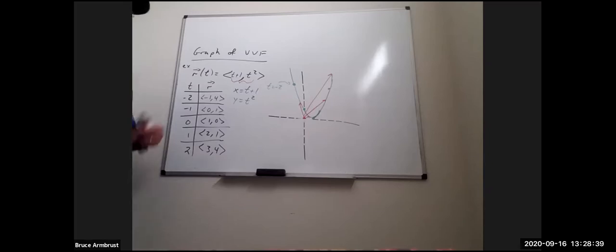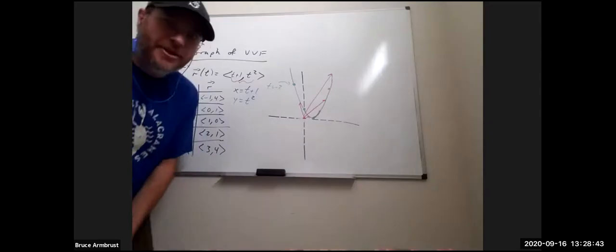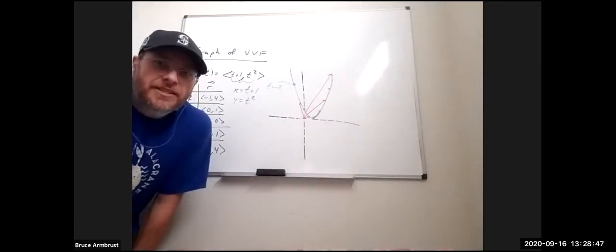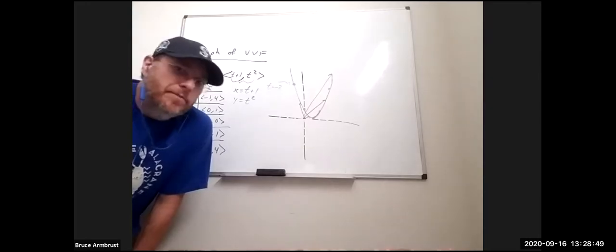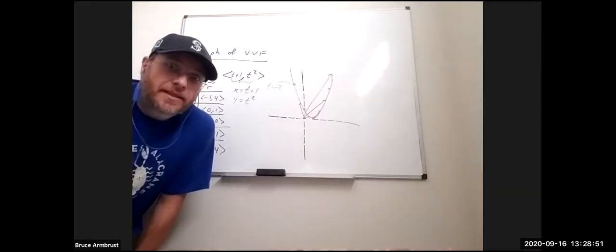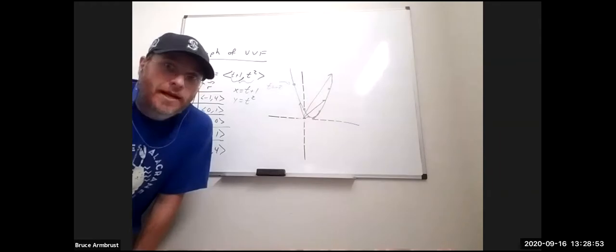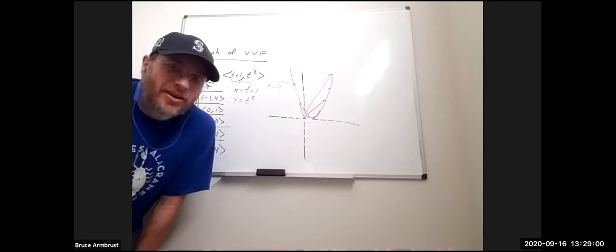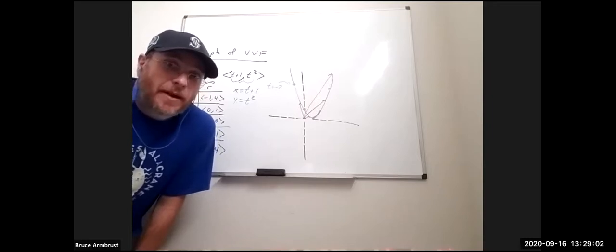There is a difference here that I want to make sure you understand, because the vector valued function itself is not that blue line. It's the collection of all the vectors that run out to that blue line. But if all we're going to do is graph that blue line so we can keep track of where the ends are, that's the same as the parametric curve.